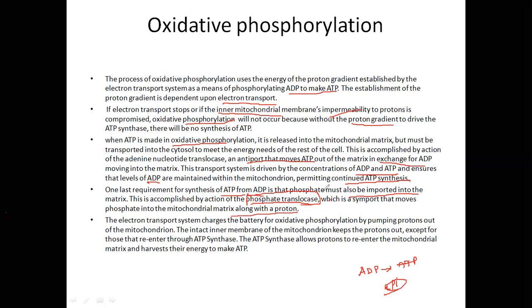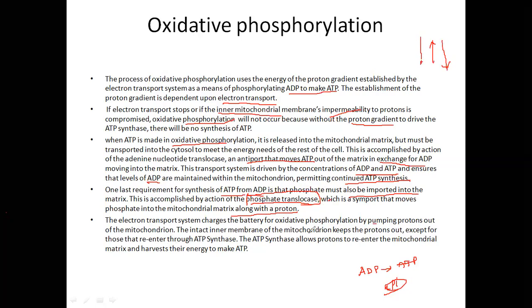I think in previous sections we learned about symport and antiport. Symport means the movement of ions or molecules along with the proton. Antiport means when a proton moves outside, another ion comes inside. So the electron transport system charges the battery of oxidative phosphorylation by pumping protons out of the mitochondrion.